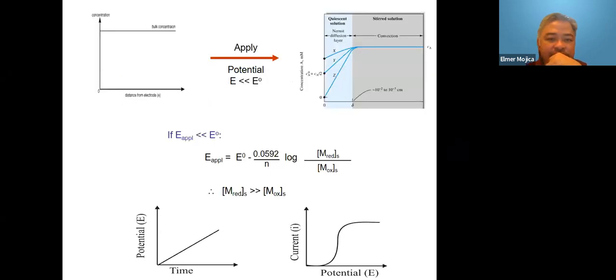And if we apply the potential, we want to make sure that it is higher than what we set. So we can either use a stirred solution para maano yung convection na mechanism. Okay? And when that happens, makikita mo yung changes doon sa current when the potential increases.